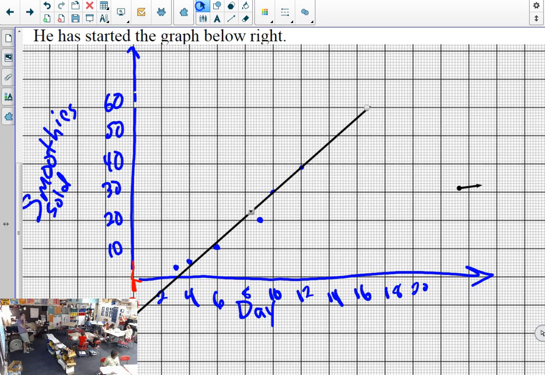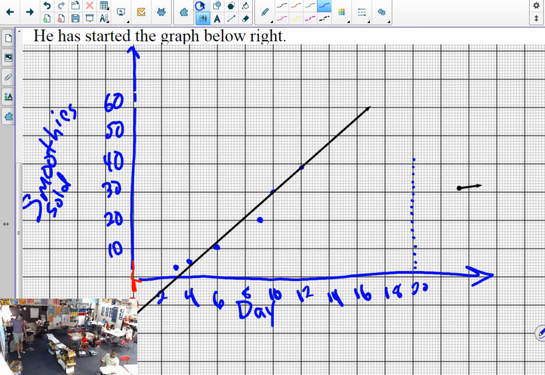Like if you were working with Andre, and you could ask him, what if he gave us some more data points? Like day 16, day 18, the more data that we have, the better we can make our line. So with just this data, this line, if you've not made your line, go ahead and do that.